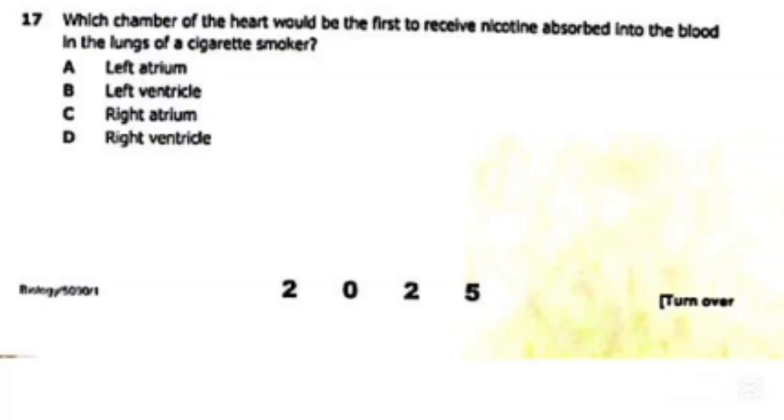So remember, nicotine enters, then it goes to the lungs. Then the right ventricle brings deoxygenated blood to the what? To the lungs. The right ventricle.